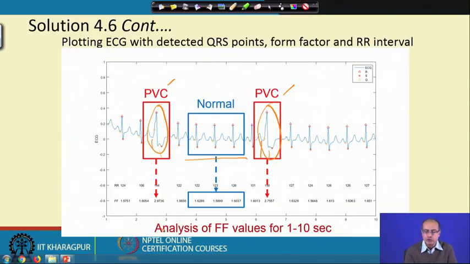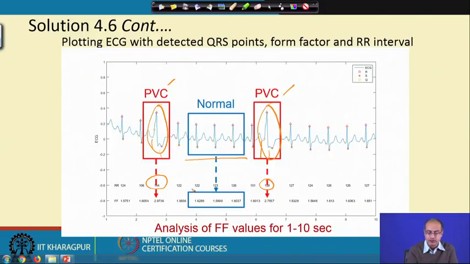Now, how do we get that more objectively? For that, we look first at the RR values. In the first case it is 144, here it is 158.